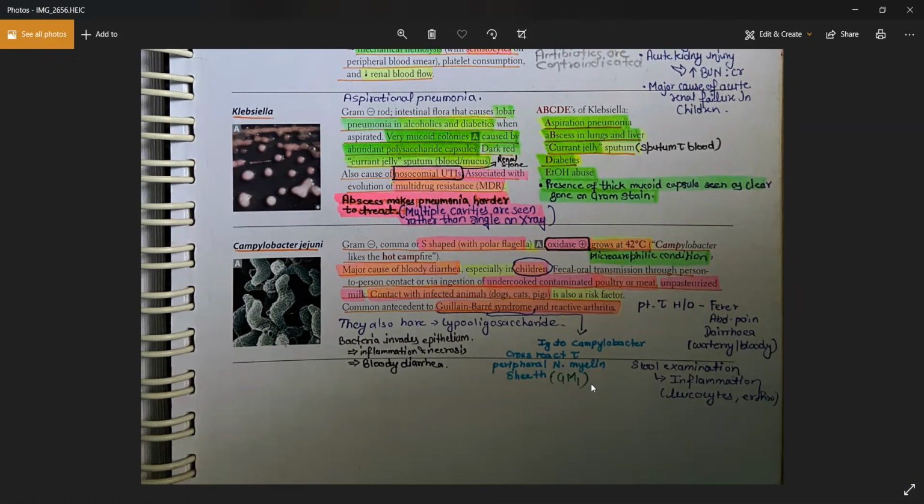Yeah, Tay-Sachs disease, remember? So the GM2 gangliosides are Tay-Sachs disease, and the GM1 gangliosides are Guillain-Barré syndrome, because of the cross-reactivity of the antibodies. There are some proteins found on Campylobacter jejuni which cross-react with the gangliosides, and as a result, the antibodies will affect the nerves. What you will get is a peripheral neuropathy, you will get hypotonia.